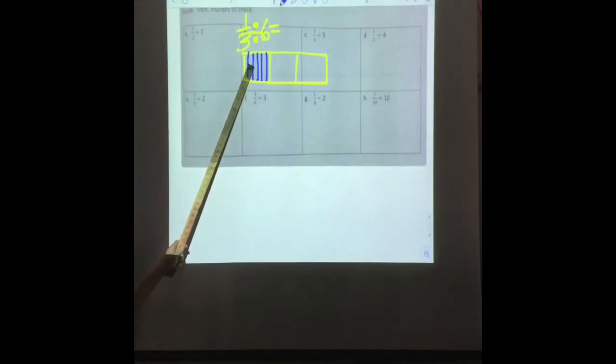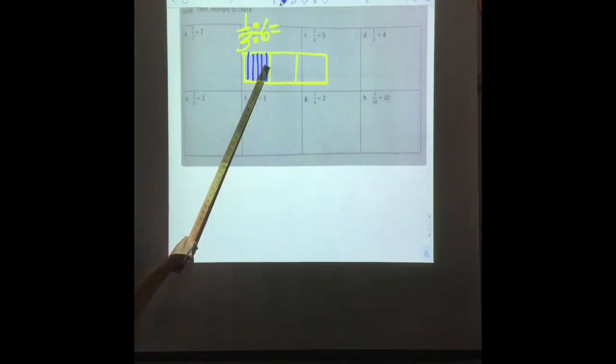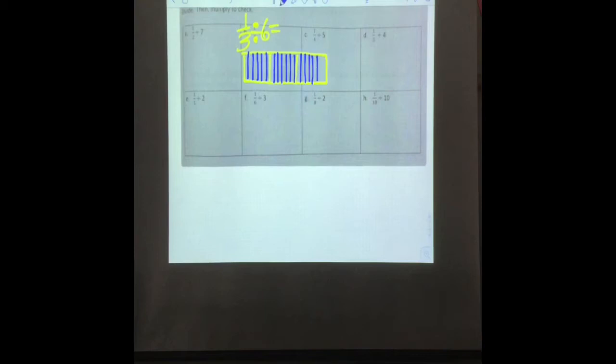And we do the same in each third. Okay, and we're just looking at what's the value of that 1.